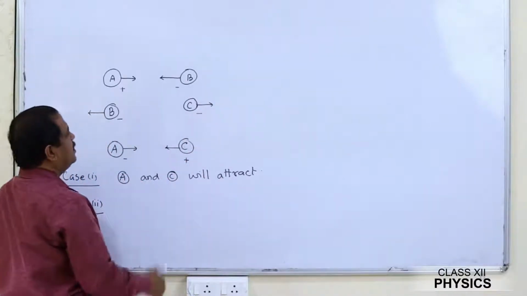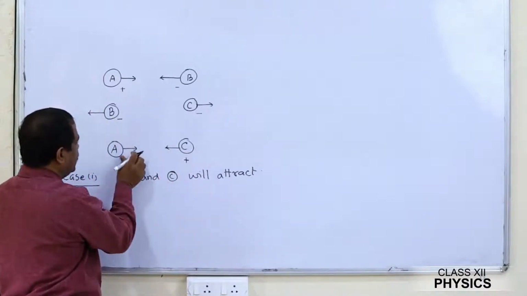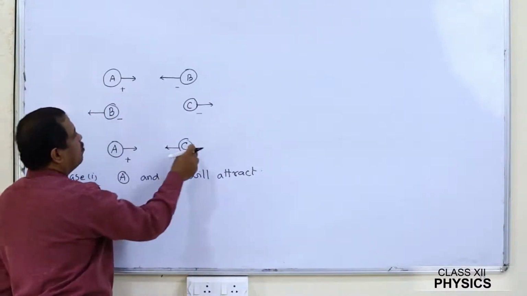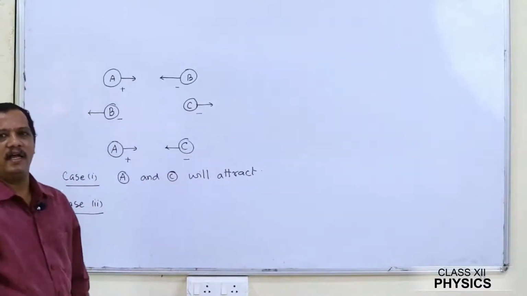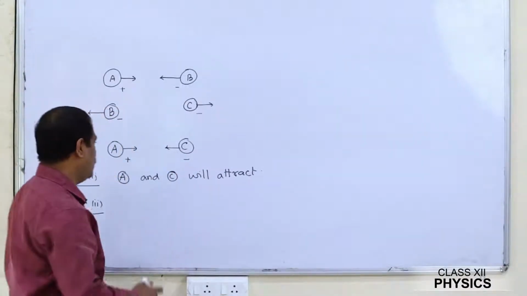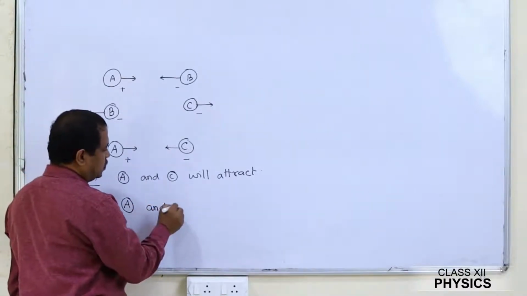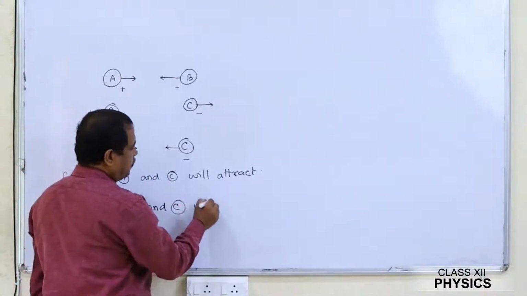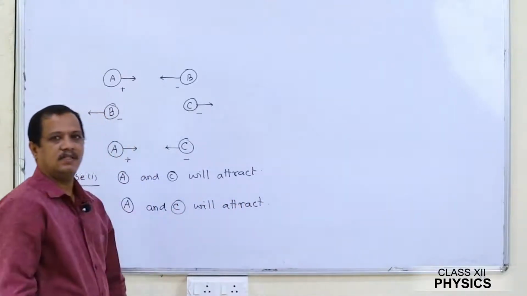Then if I have body A and C held together, body A is positively charged and body C is negatively charged. In this case too, body A and C will attract one another. So this is the concept of the problem.